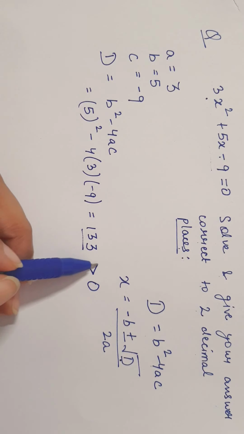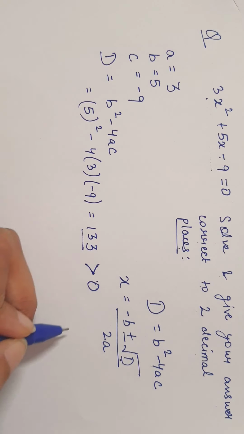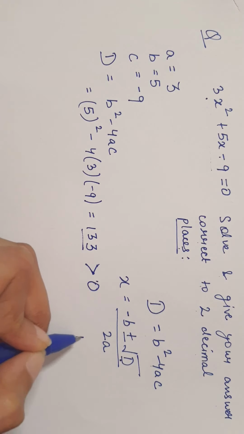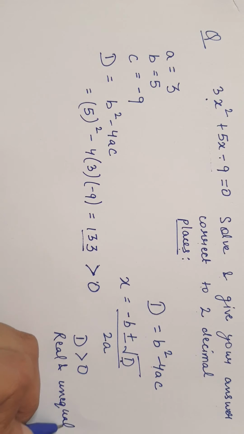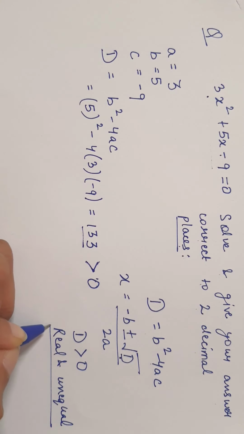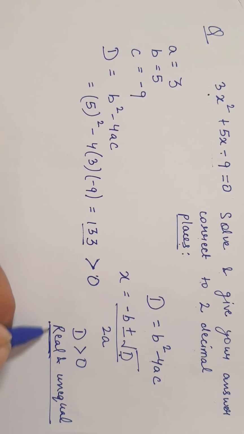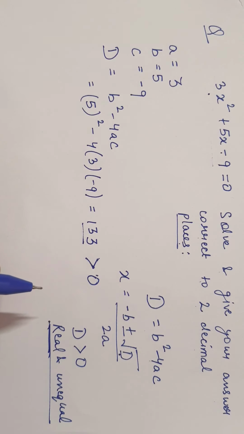When the discriminant is greater than 0, in that case the roots are real and unequal. That means whatever answers I am going to get in the end, both the answers will be different from each other and real numbers. It may be decimal, fractional, integral, any number.